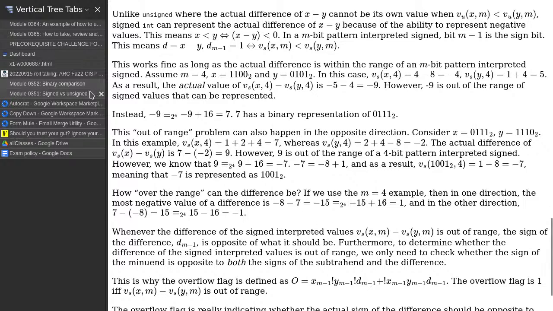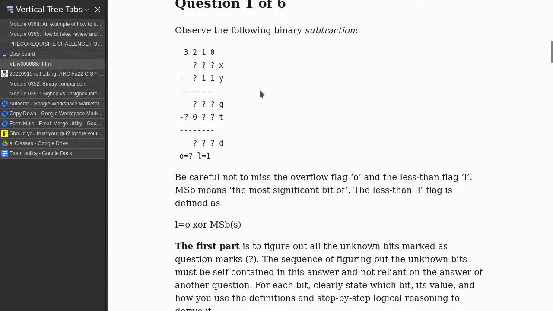So let's go back to the sample question from last semester. So this is the question. Now that we have covered every single flag and binary subtraction, the question is essentially asking you to resolve all the question marks based on all the zeros and ones.